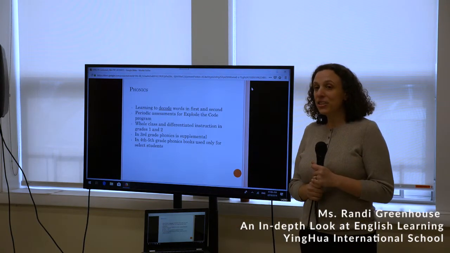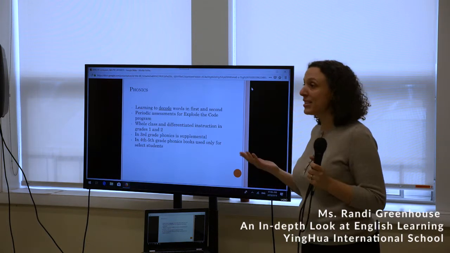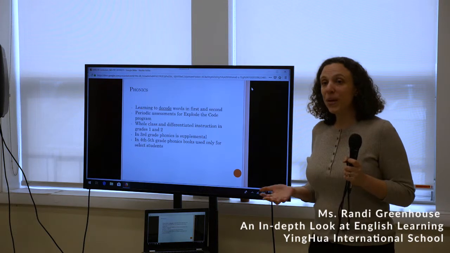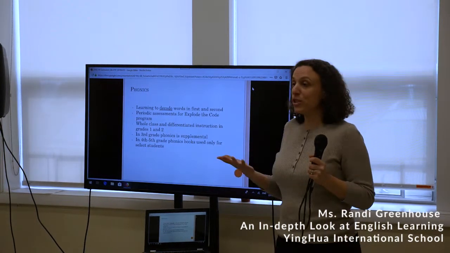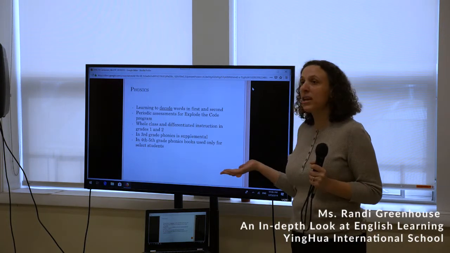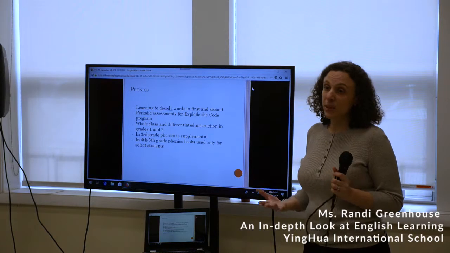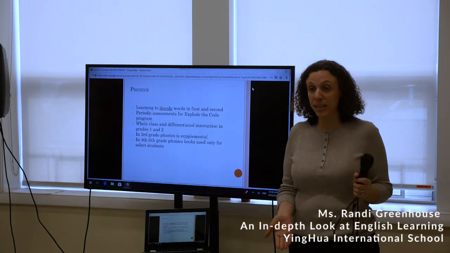Phonics is just a word that basically describes learning how to read and sound out words. So the teachers will often talk about phonics and forget that maybe parents don't necessarily understand, but it's learning to decode words, and that basically takes place in first and second grade when students here are learning how to read.